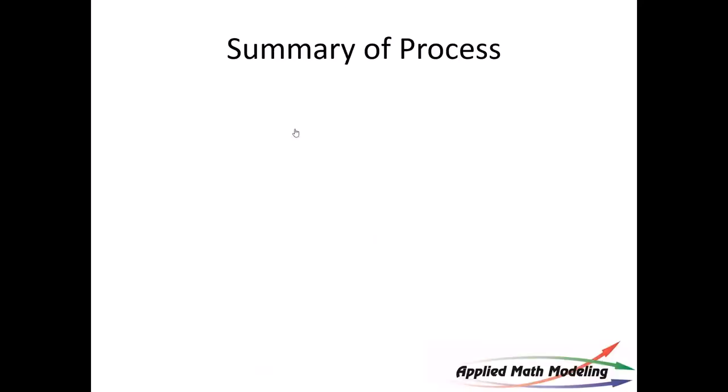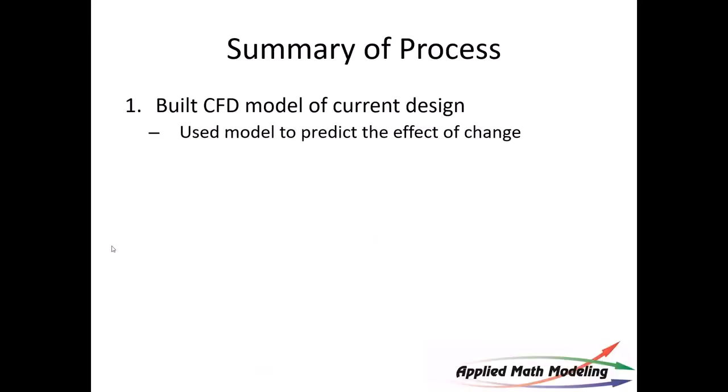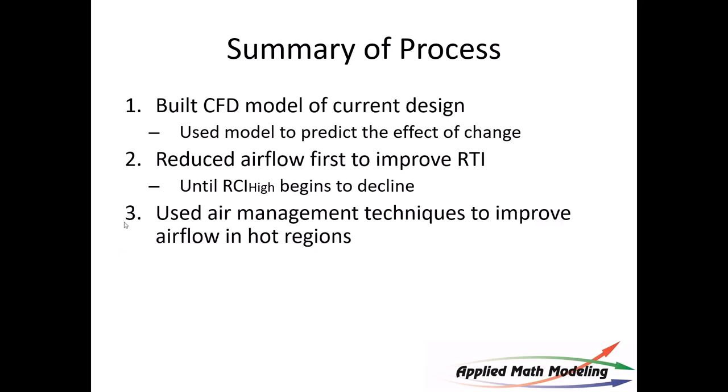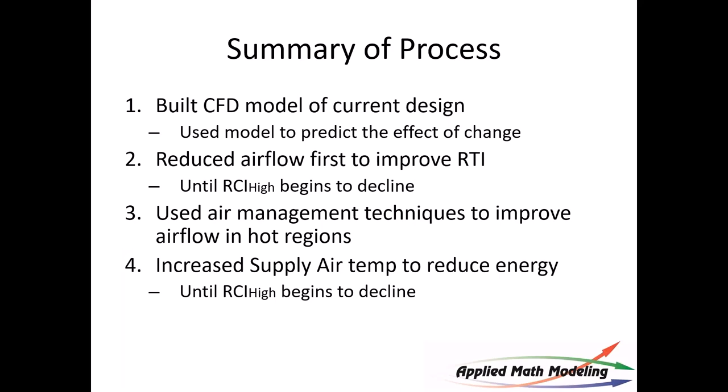So, summary of the process: build it, and be reasonable about the build. First, try to get your air management in place until you start to see a little bit of a problem with RCI high. Then use air management techniques to improve those regions, and then turn up. Now we did this in just the opposite order.